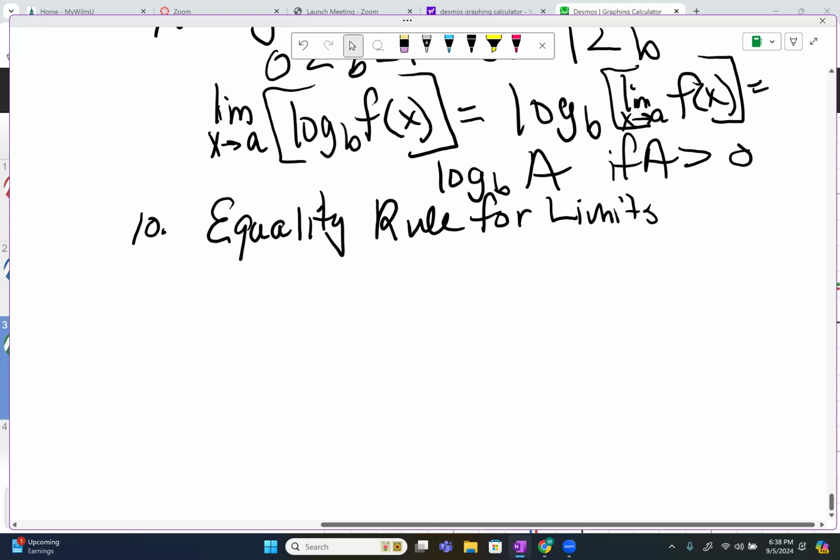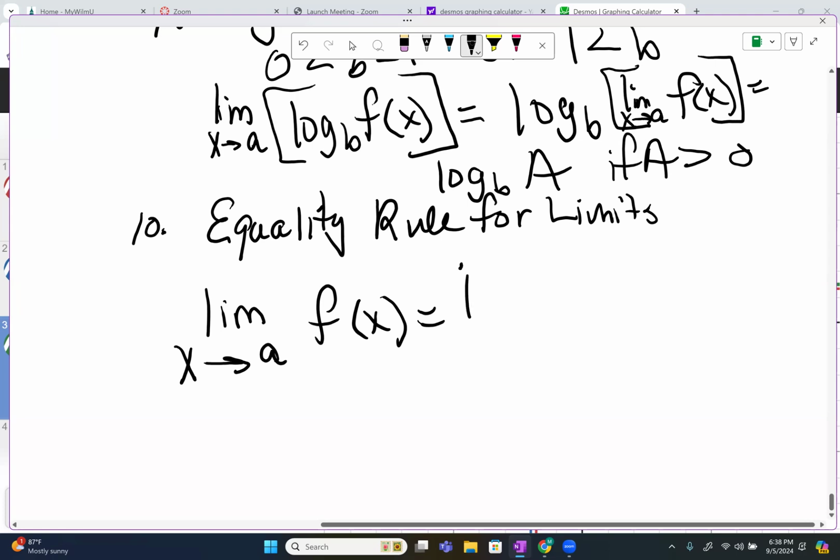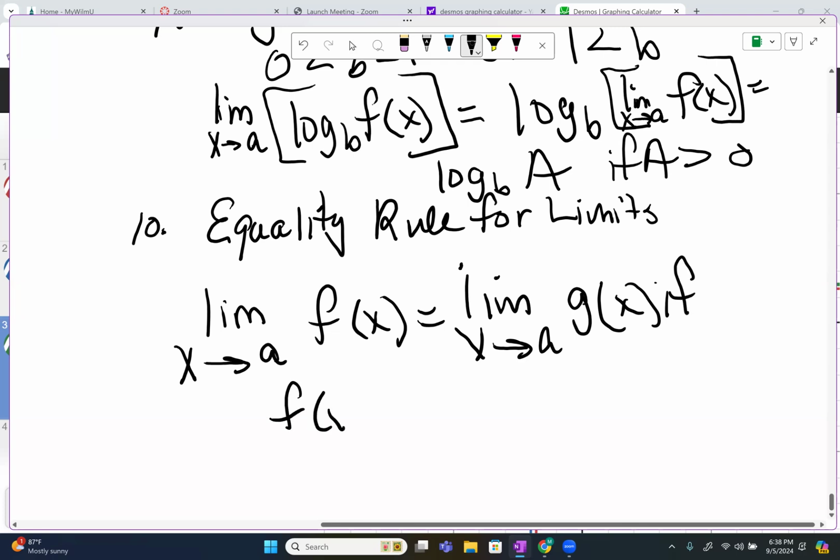The equality rule for limits says the limit as x approaches a of some f of x is equivalent to the limit as x approaches a of some g of x, and that is true if f of x is equal to g of x for all values where x is not equal to a.